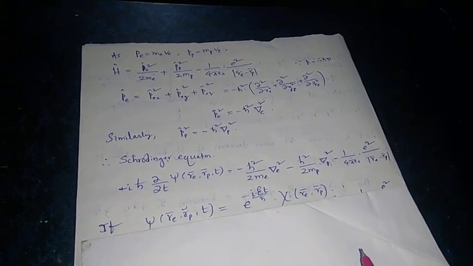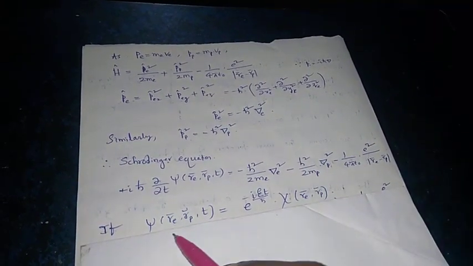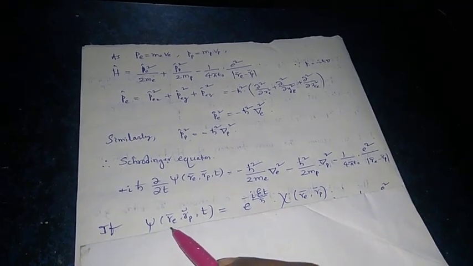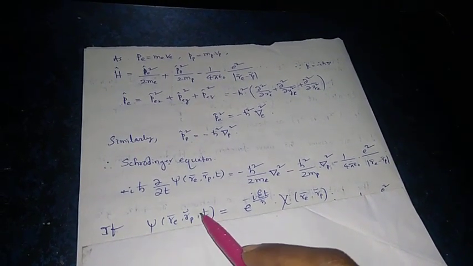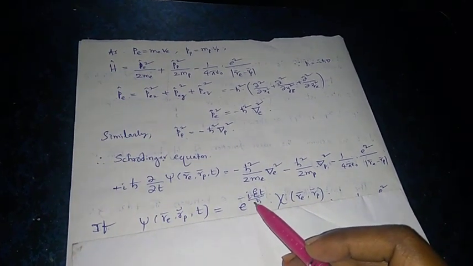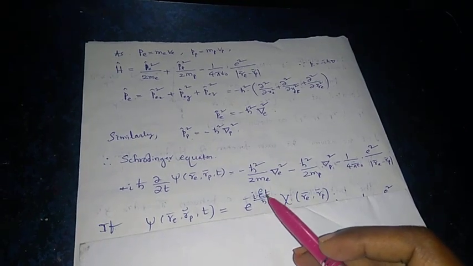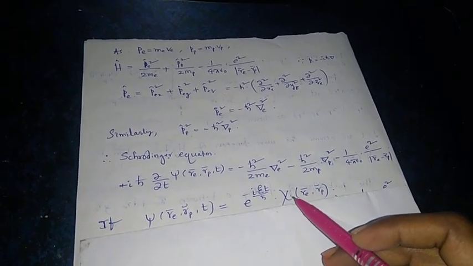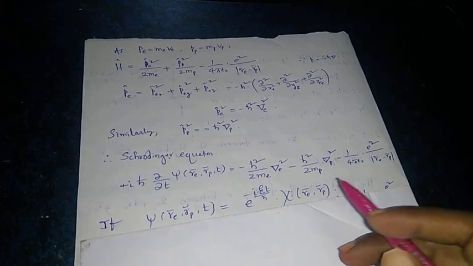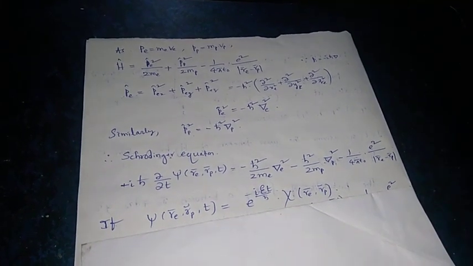And then if you take the solution for this equation as psi, which depends upon r_e, r_p, and t, equal to exponential of minus i epsilon t divided by h-bar times chi of r_e and r_p, that means we are taking the solution as a stationary state.